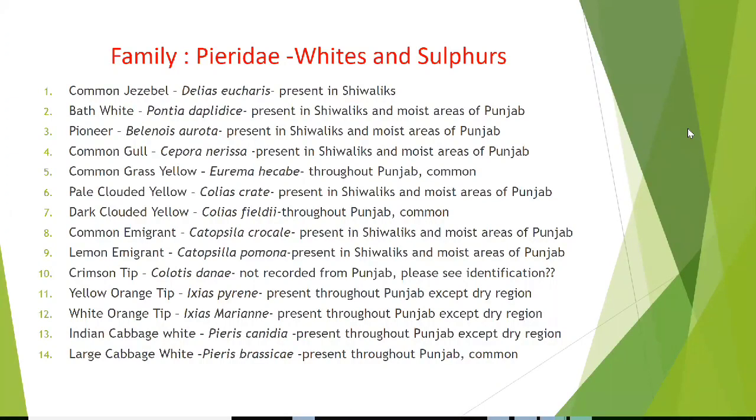The common emigrant is quite common. Common gull is a little less common. Pioneer and bath white, both the butterflies I have photographed in Patiala, which were earlier not reported from Patiala.